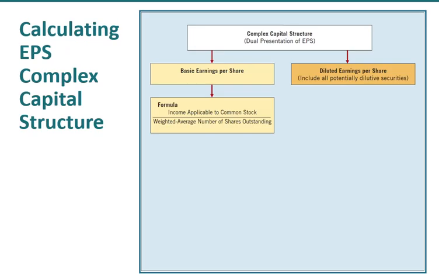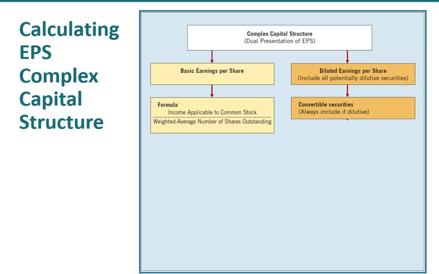For firms with a complex capital structure, we need to do a dual presentation of earnings per share, our basic earnings per share, as well as our diluted earnings per share. And again, we only include potentially dilutive securities. And those, again, will include convertible bonds and convertible preferred shares.